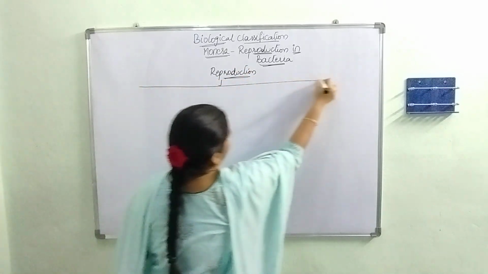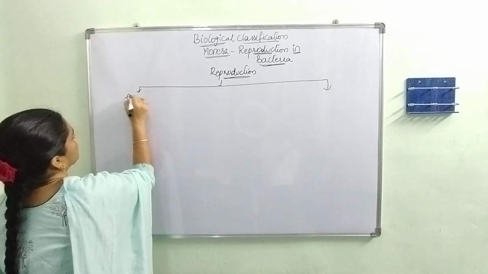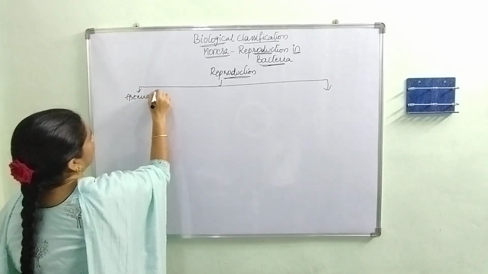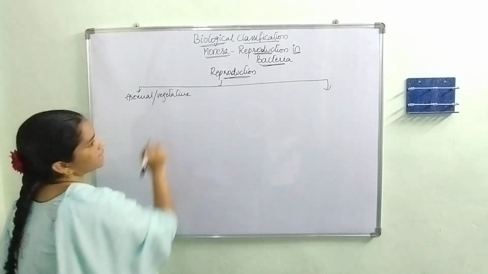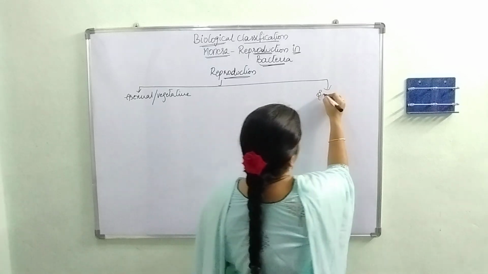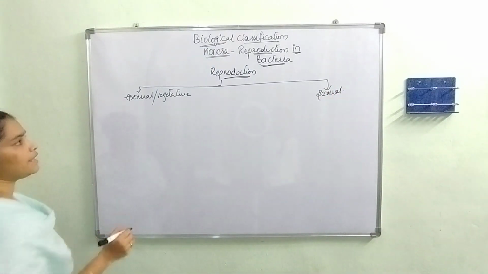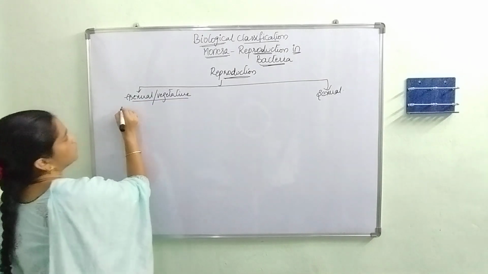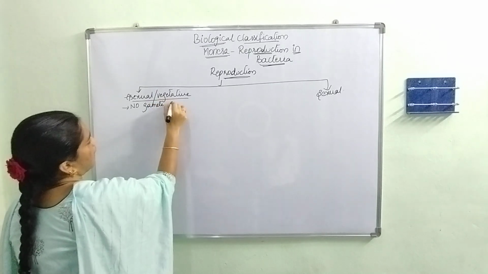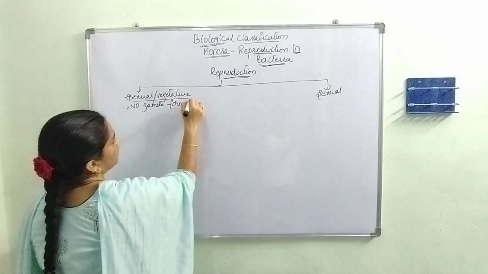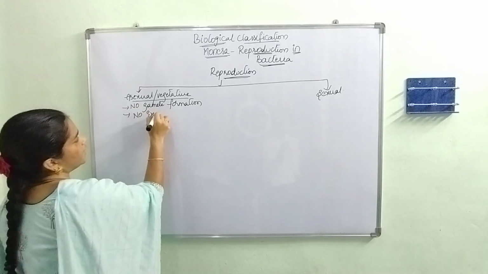The first one is asexual or vegetative reproduction, and the second one is sexual reproduction. In asexual reproduction, there is no gamete formation and there is no exchange of genetic material.